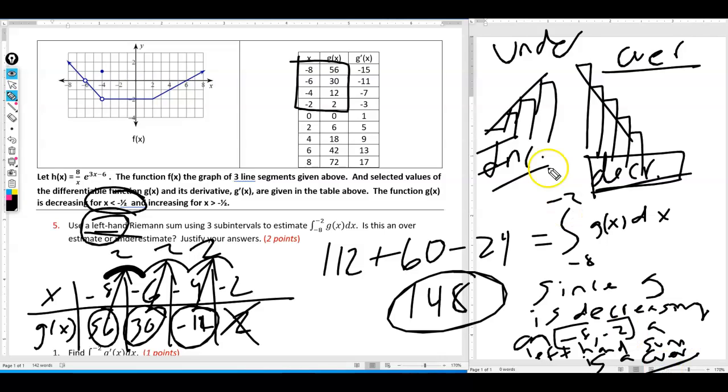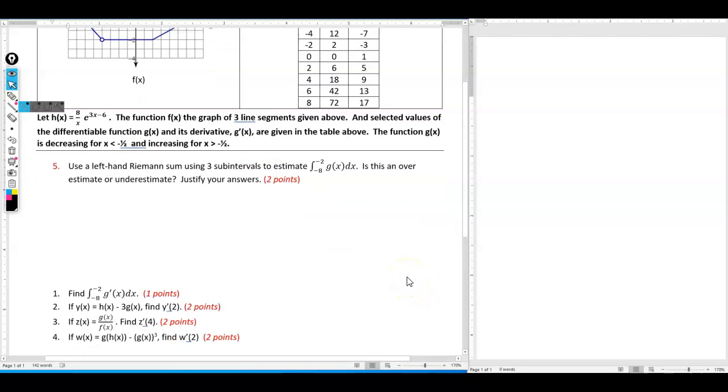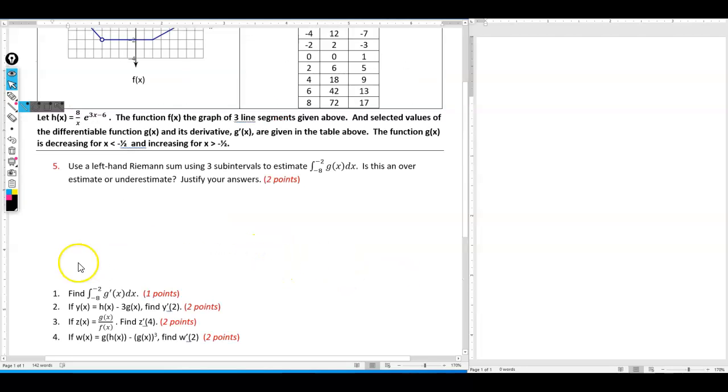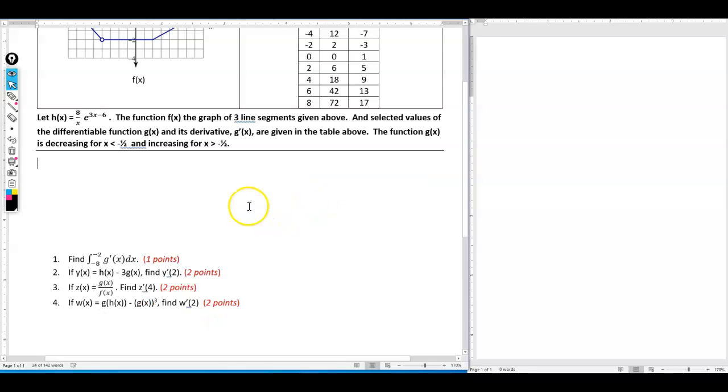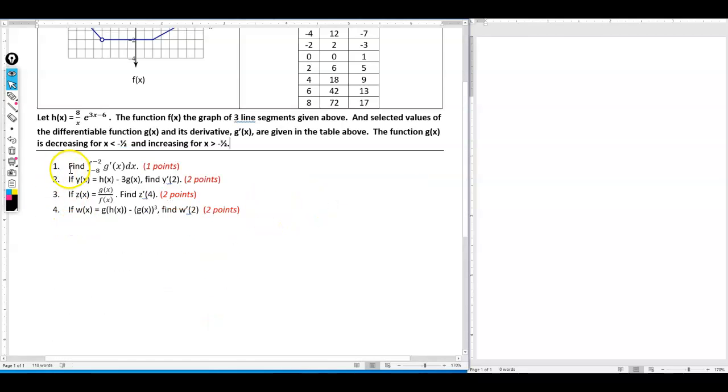But there you go. All right. So that would be the second point, giving me the explanation about whether that is an underestimate or an overestimate. And once again, guys, be cautious. Make sure you are showing your work as you do these problems. You do not get credit for just blank answers.